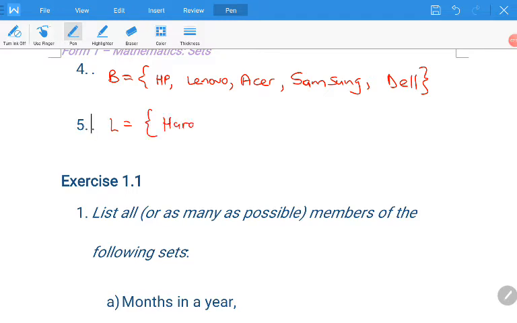We have Harare, we have Bulawayo, we have Gweru, we have Mutare. We can say these are cities. And we have Vic Falls.